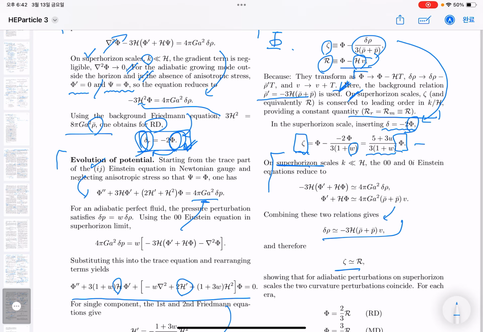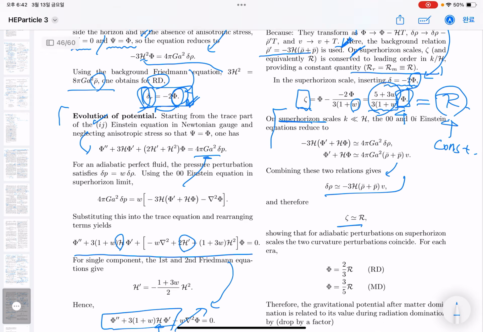So this is just the same as the curly R. So the relation between the curvature perturbation curly R and the metric scalar potential capital Pi has just a relation with some specific factor, which is composed of the equation of state w. And the curly R is just a constant over all the eras of the universe, but the capital Pi changes.